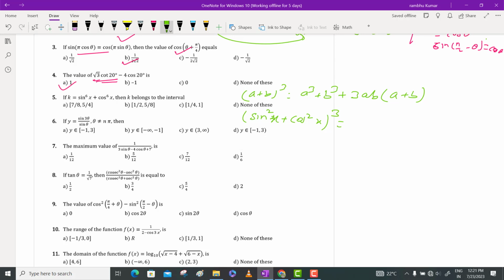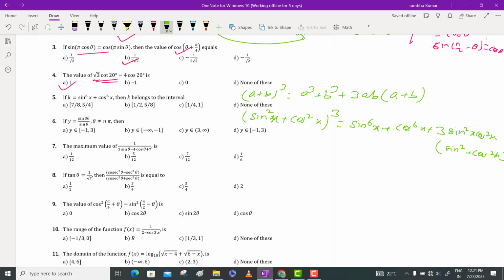equal to sin to the power 6 x plus cos to the power 6 x plus 3 sin square x cos square x into (sin square x plus cos square x).